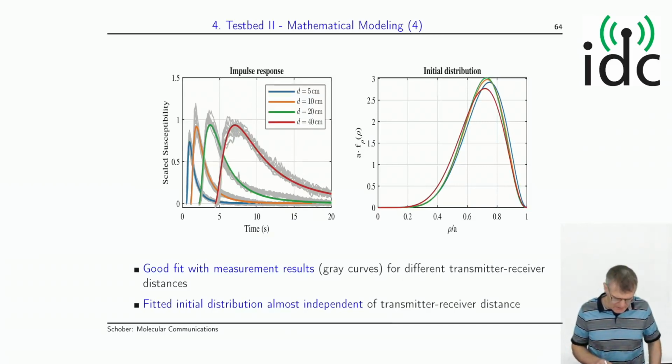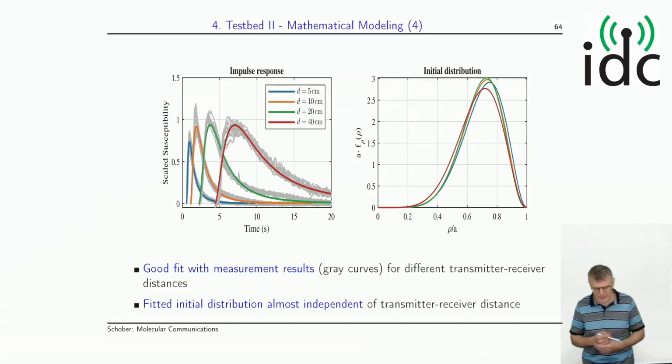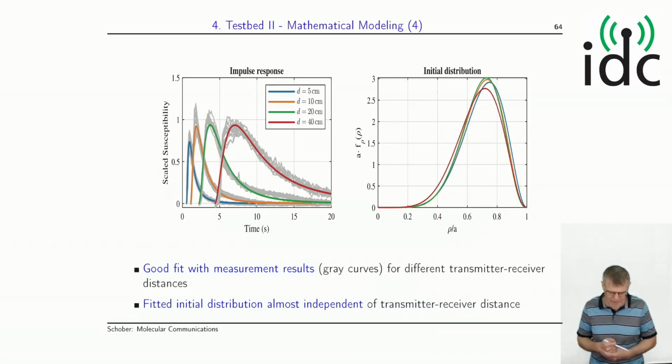You can see that the fit is very good. Of course, the individual impulse responses deviate a little bit from the curve fitted version, but they're close enough, so we actually get a good fit. We also see the corresponding initial distribution: if we use the parameters from the curve fitting and plug them into our initial distribution, this is what we get.